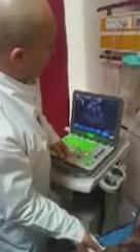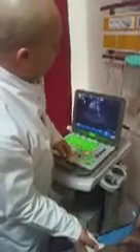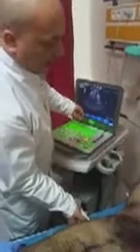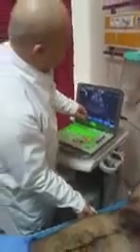I can also see pleural effusion or hemothorax by looking at the lateral sides of the thorax in an unstable patient in the trauma room.